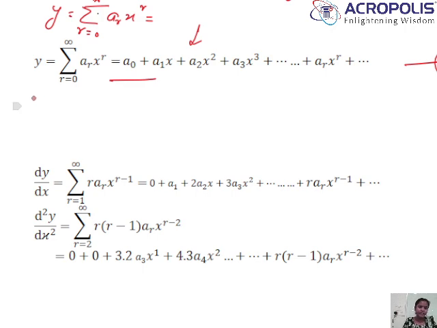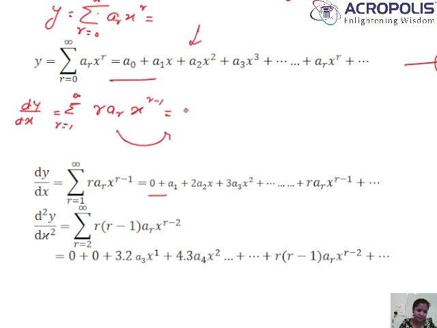When you find the derivative, you get dy by dx. When you differentiate with respect to x, you get r a_r x to the power r minus 1, and this summation starts from r equals 1 to infinity, because when you substitute r equals 0, this term completely vanishes. There is no meaning to write that. This summation can be expanded in this term.